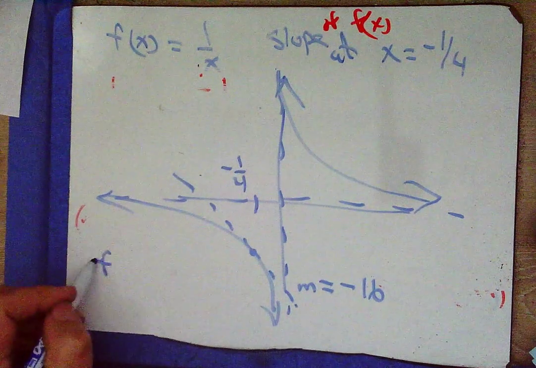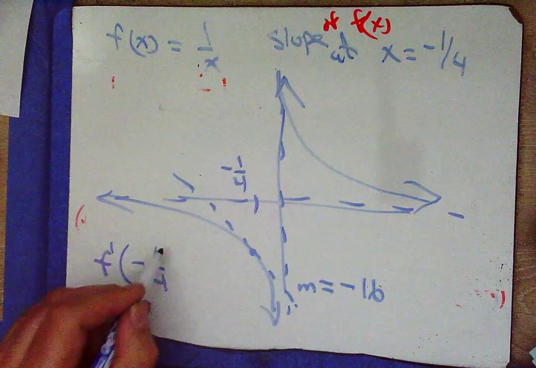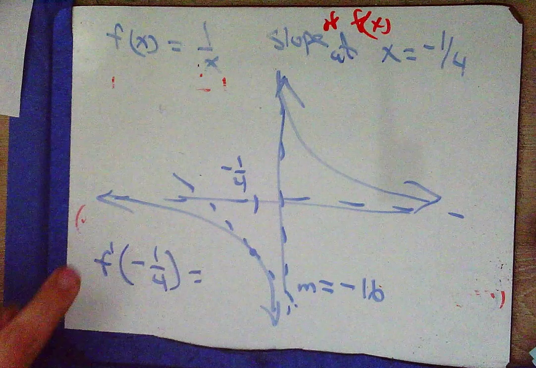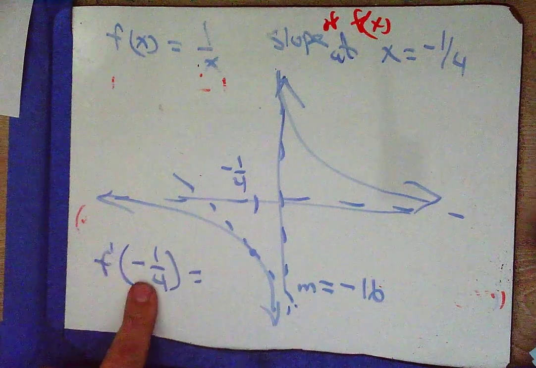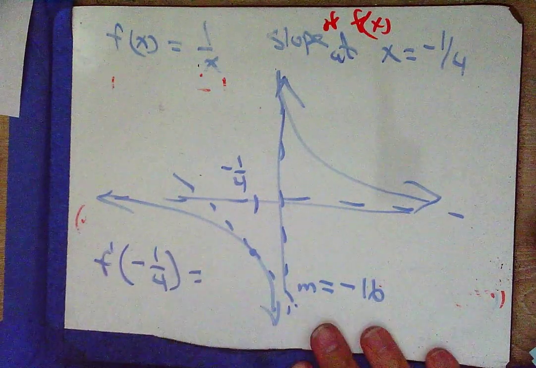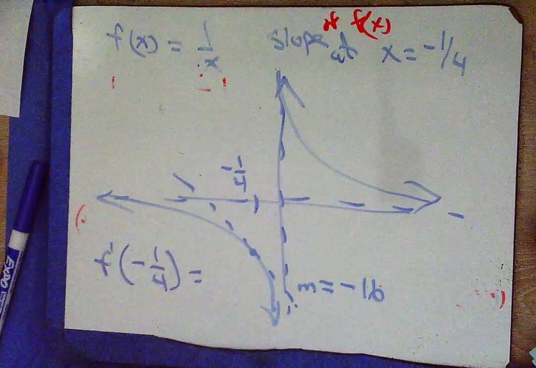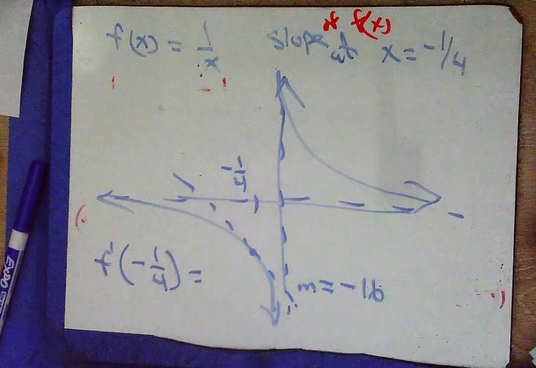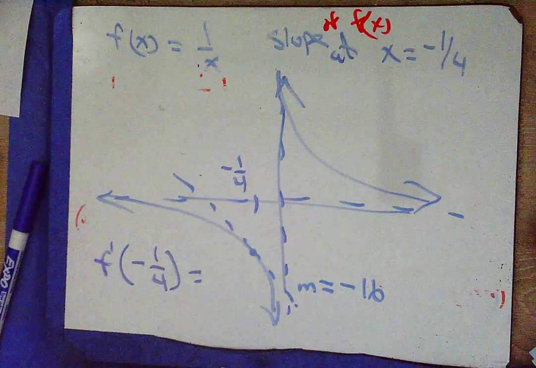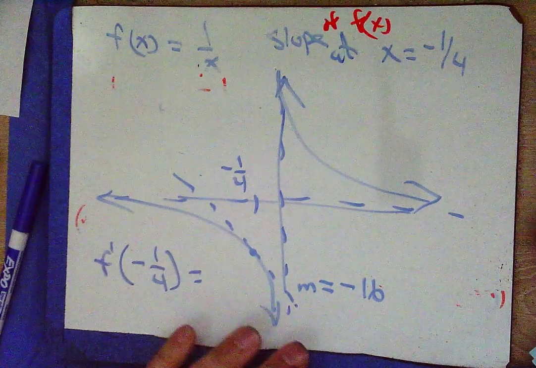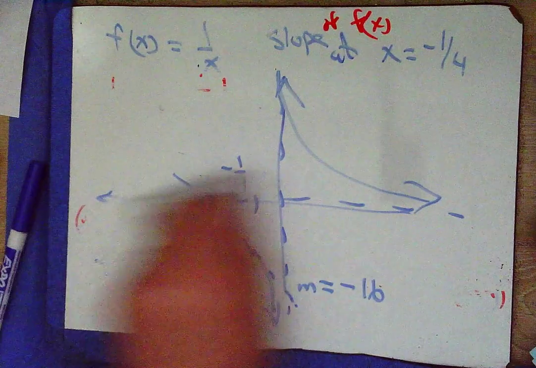That's what f prime of negative 1/4 is telling me, the slope on f at negative 1/4. Using my limit definition of the derivative, which I find so much easier than using those wicked close points approach that we used on the microscope worksheet, the limit definitions of the derivative can definitely help me find that.